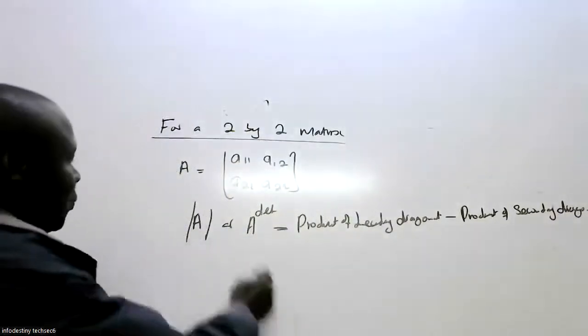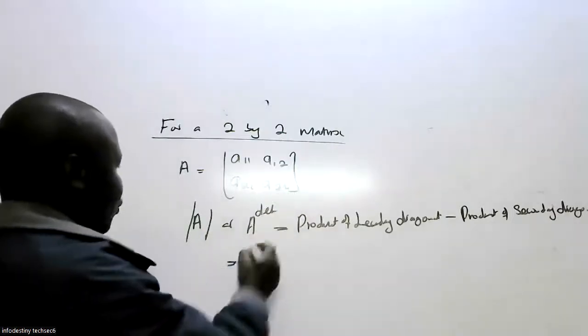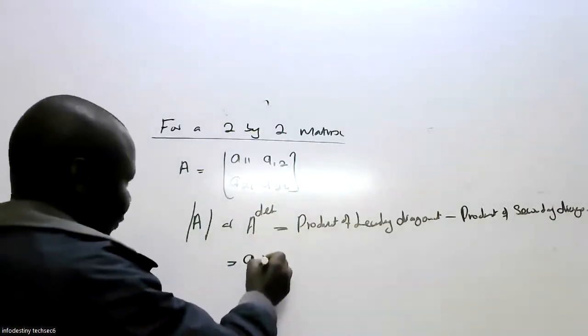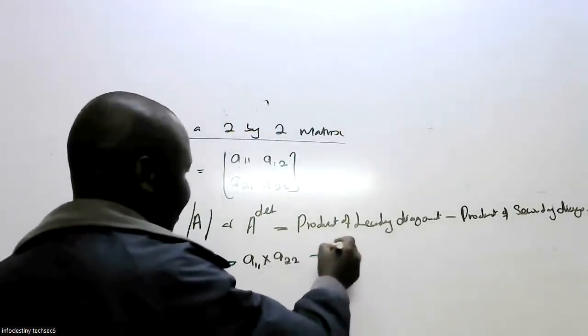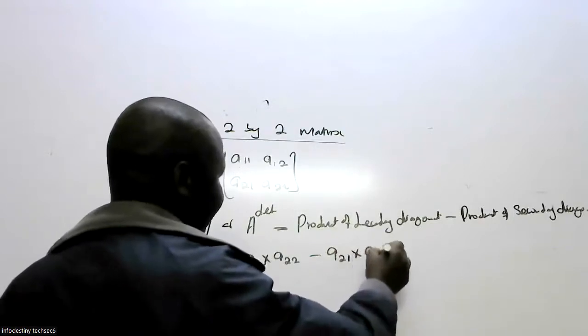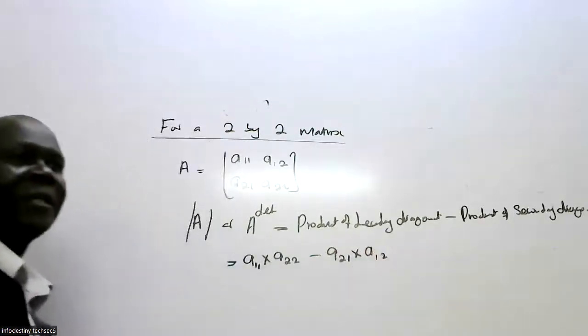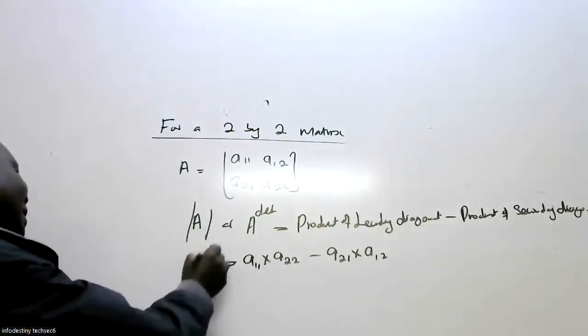So our leading diagonal is this one. So it's going to be A11 times A22 minus A21 times A12. So that is going to be our determinant.